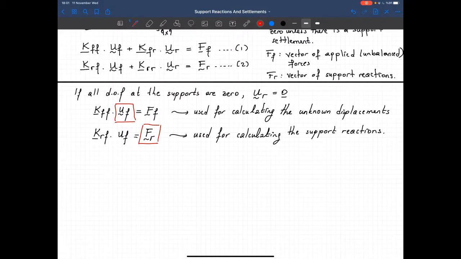Now, when we have a support settlement, let's take a look at that. In case of support settlement, UR is not equal to 0.